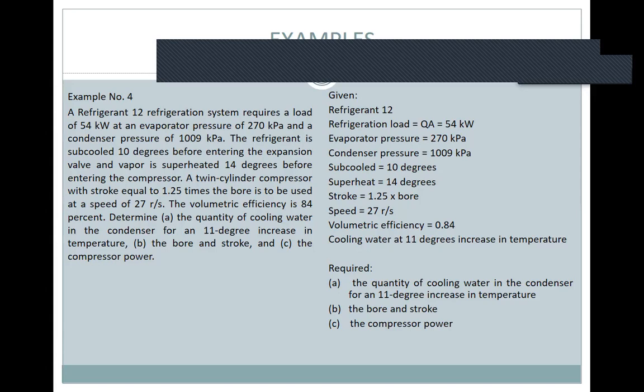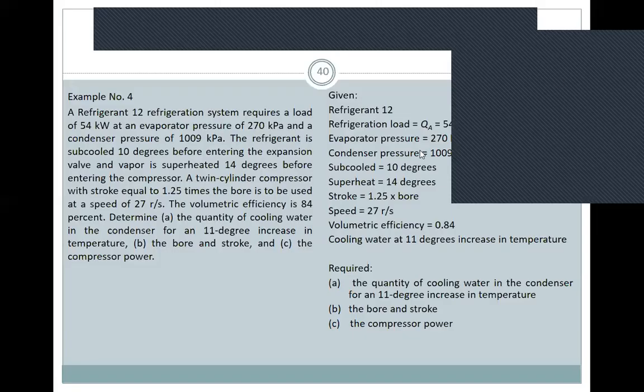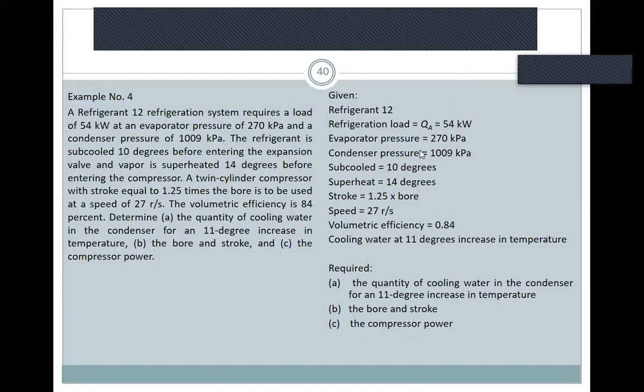Given refrigerant 12, QA is 54 kilowatts. Evaporator pressure 270 kilopascal. Condenser pressure 1009 kilopascal. Subcooled 10 degrees C. Superheat 14 degrees C. Stroke is 1.25 times the bore.